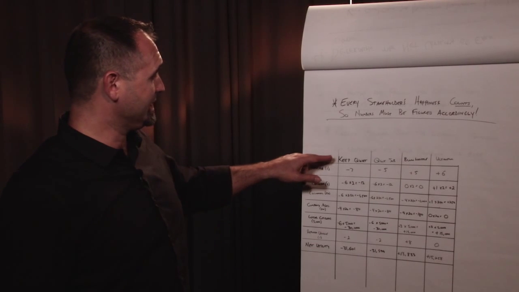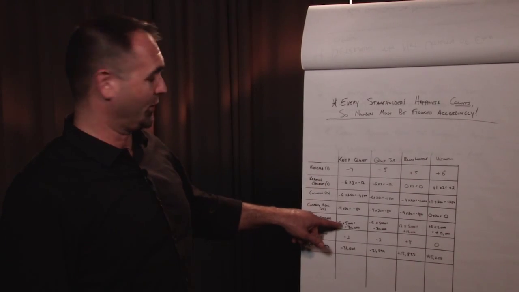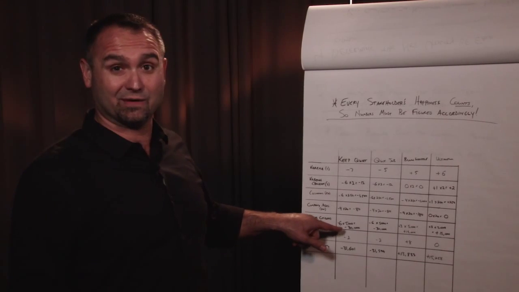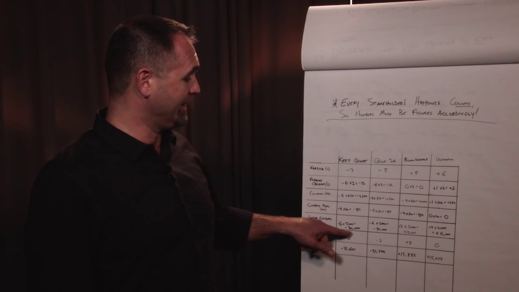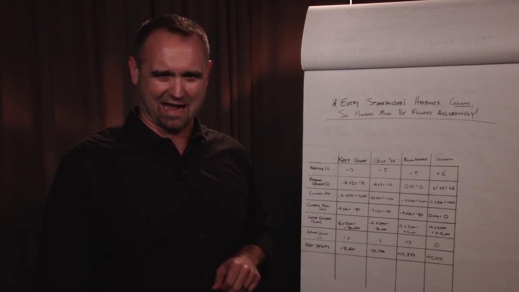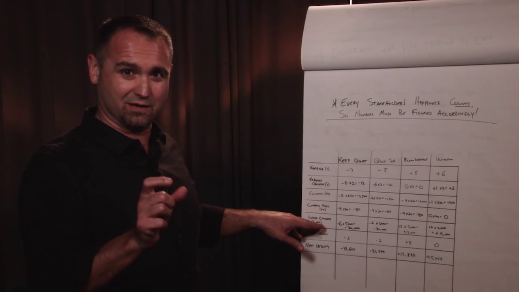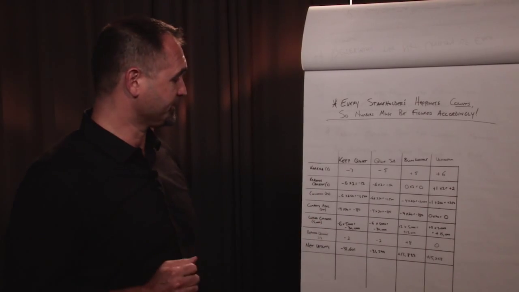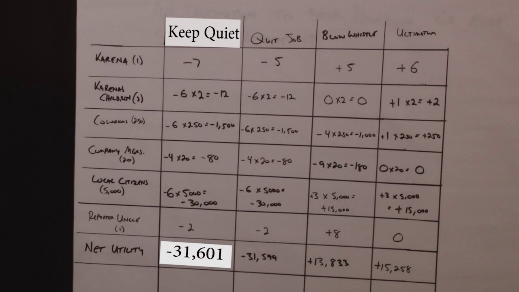So for example, keeping quiet was a negative 6 in our original chart for the local citizens, but if there are 5,000 of them, and it's reasonable to think they'd be affected similarly, we might say that there are negative 30,000 happiness units associated with keeping quiet once you take in every individual person's interests. So if you extrapolate that out throughout the model, keeping quiet seems to have a net utility of negative 31,601.